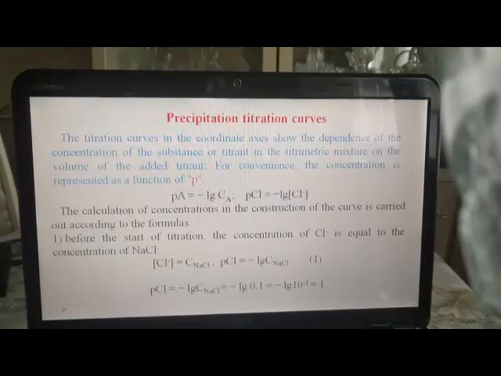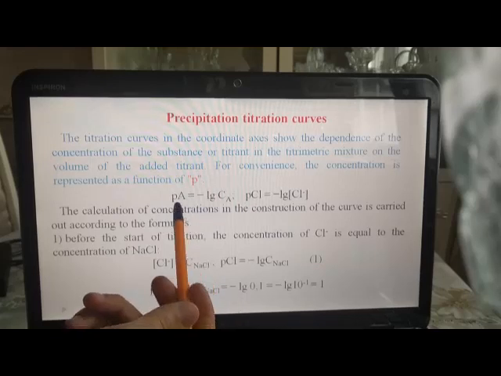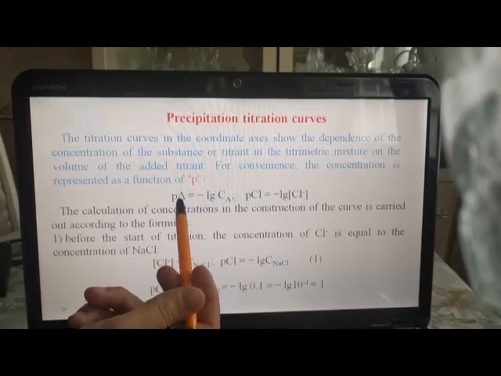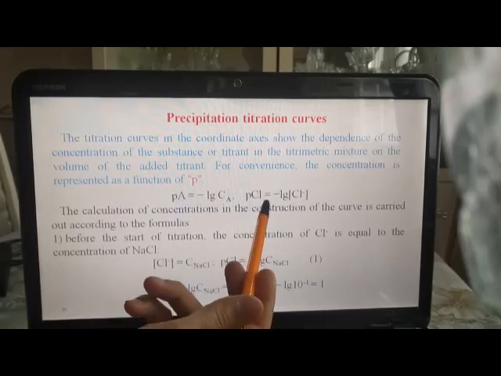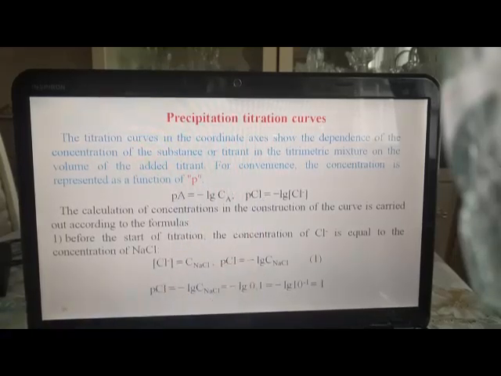Precipitation titration curve. The titration curve in the coordinate axis shows the dependence of the concentration of the substance or titrant in the titrimetric mixture on the volume of the added titrant. For convenience, the concentration is represented as a function of P. From this we find pA and pCl for the chloride ion.